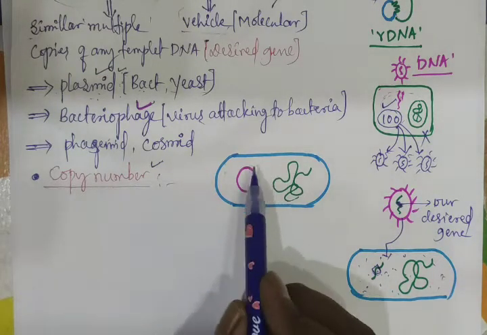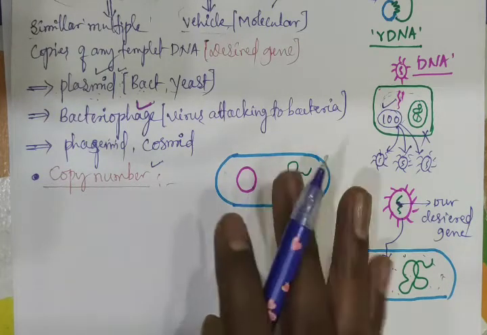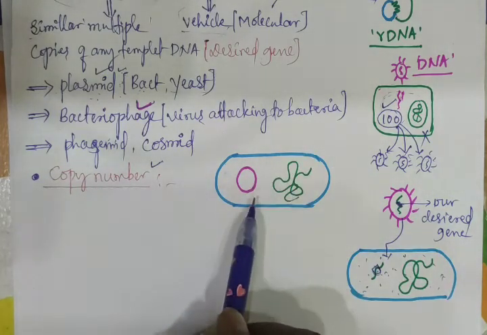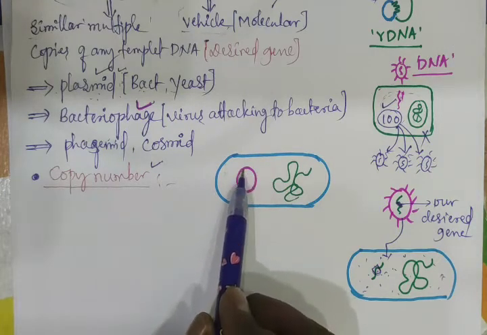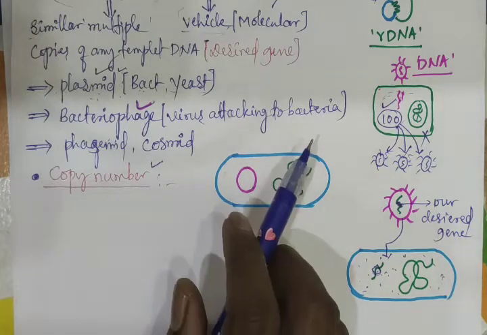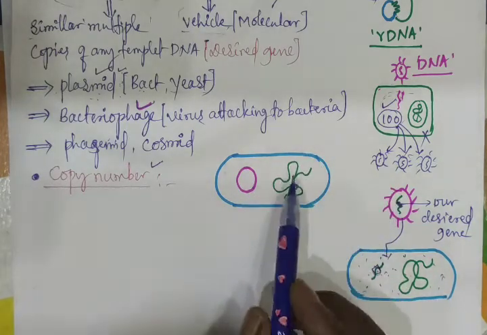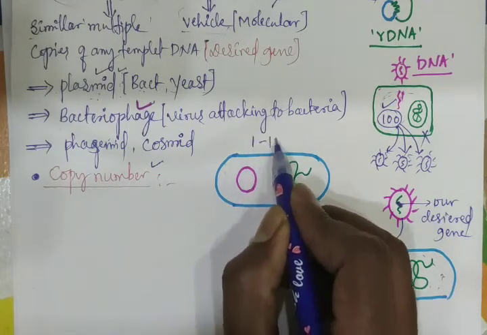And one thing, a bacterium may or may not have a plasmid. Also, if the plasmid is present, it need not always be just one plasmid. There can be any number there. That means here the plasmid number may be 1 to 100.